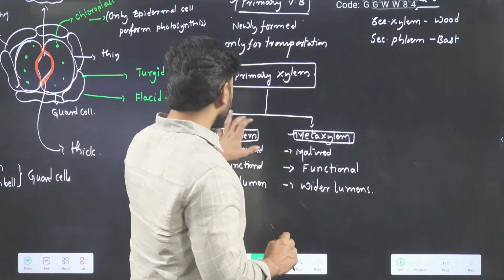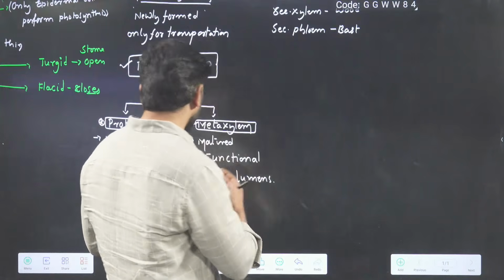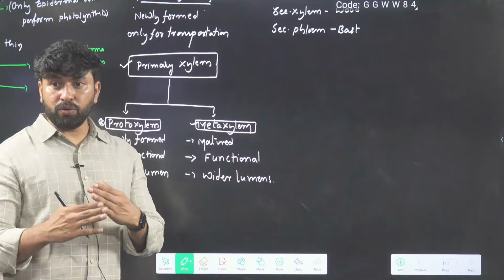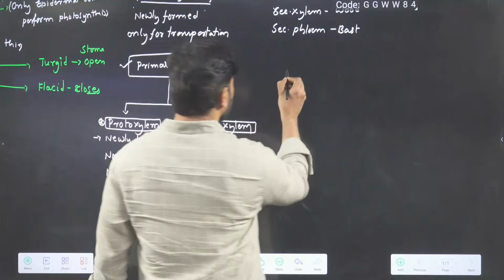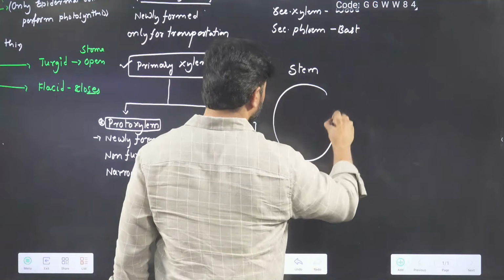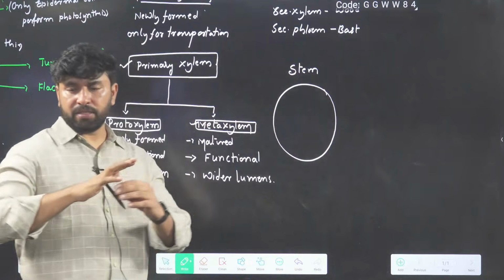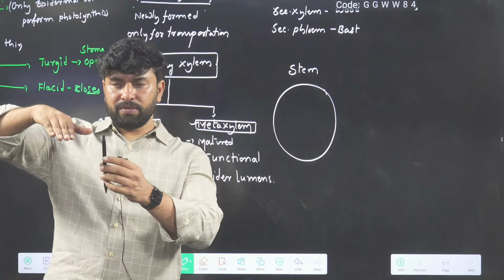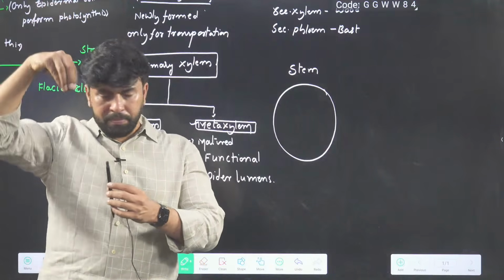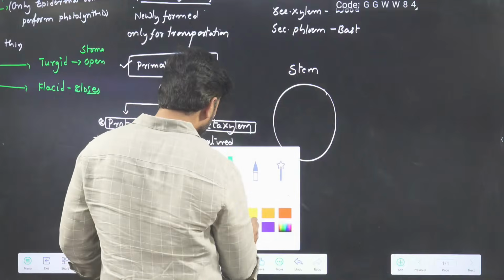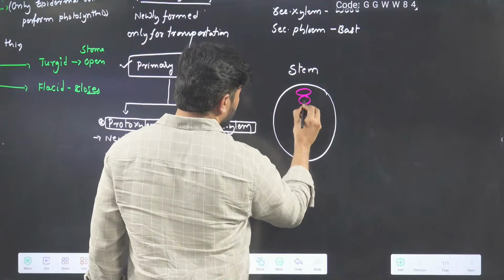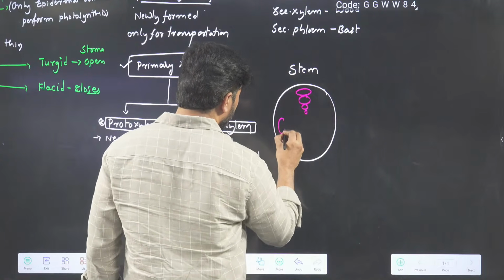I am talking about protoxylem and metaxylem appearance. Their appearance changes with respect to the type of organ. For example, if I choose the stem, I am taking a cross section of a stem. That means I take a stem, cut it transversely and watch from the top. Then you will find metaxylem, which is somewhat larger, present towards the periphery.